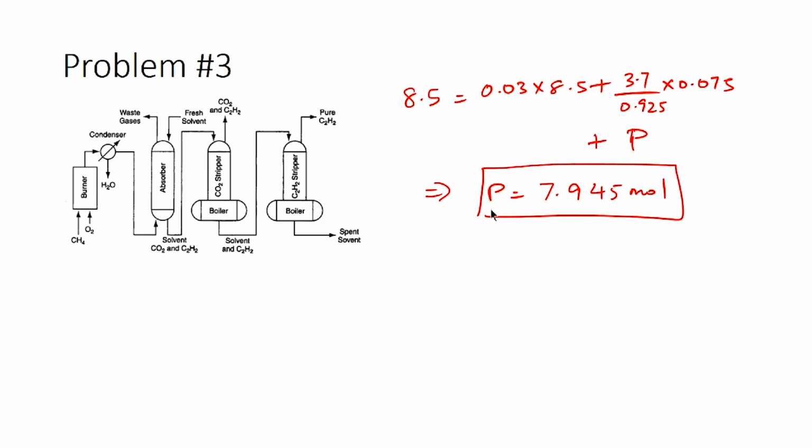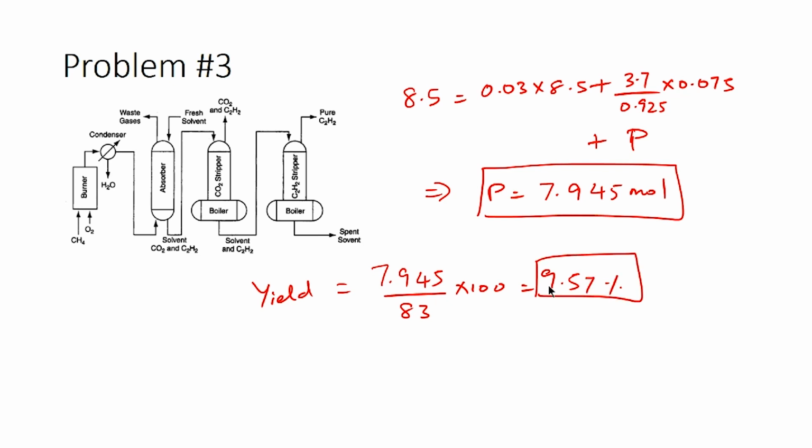That is the number of moles of acetylene product which is recovered. So, the yield for acetylene based on methane fed would be 7.945 divided by 83 times 100, giving a percentage yield of 9.57%. This gives us all the parameters that have been asked for in the problem.